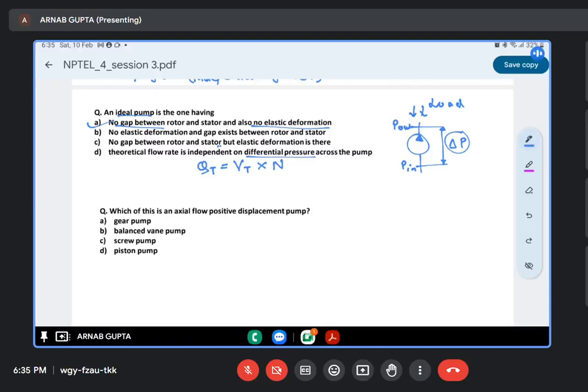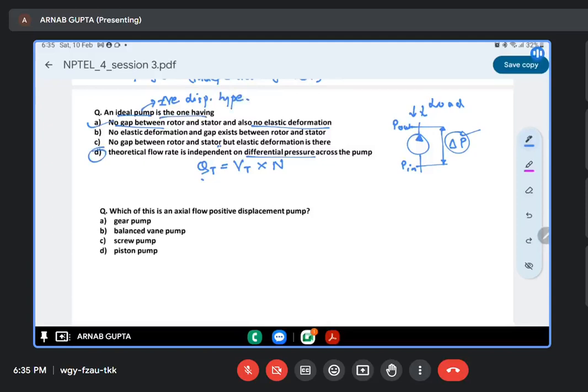That load determines the value of this delta P. And in case the pump is an ideal pump, in case of a positive displacement pump, this QT is independent of delta P. Only if this is a positive displacement type pump, then this particular option is correct. In case it is a non-positive displacement type pump, this is incorrect.